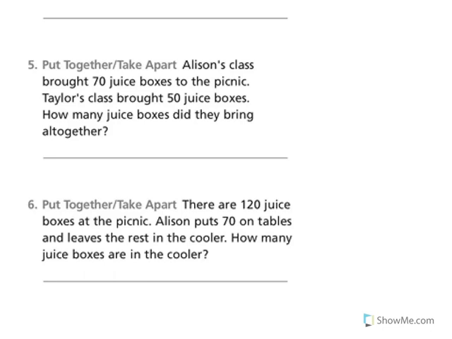Allison's class brought 70 juice boxes to the picnic. Taylor's class brought 50 juice boxes. How many juice boxes did they bring all together? So first, let's annotate. Allison brought 70, Taylor brought 50, and it's asking how many all together, and the label is juice boxes. So first I'm going to put my label, juice boxes.